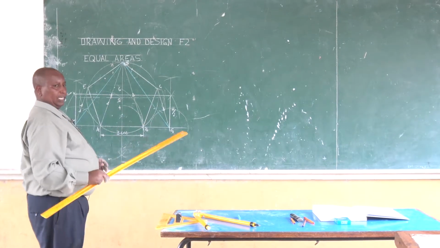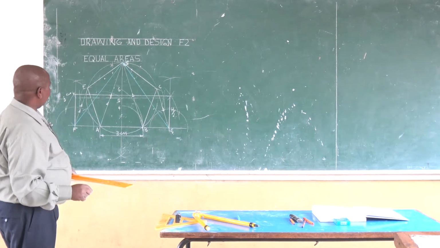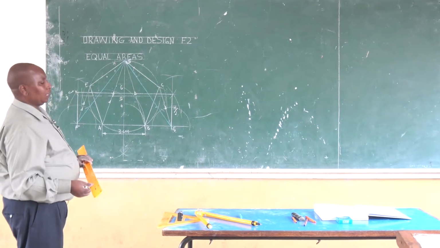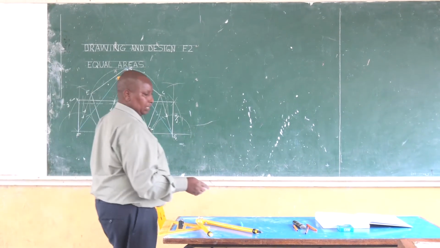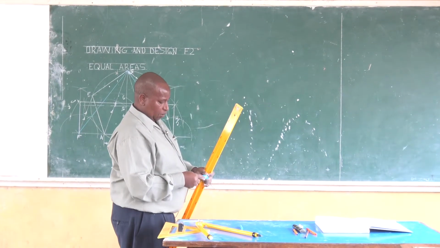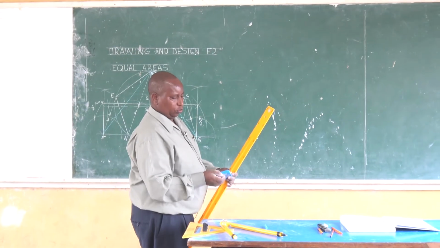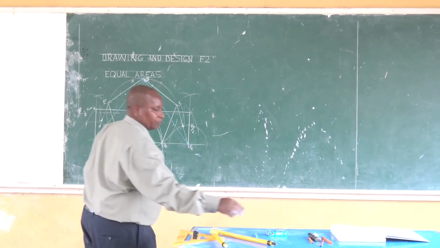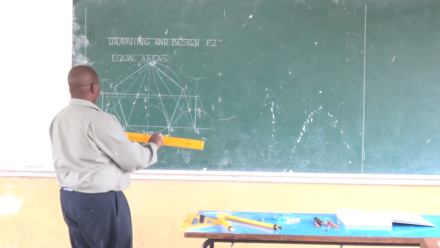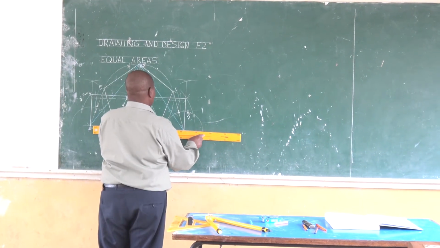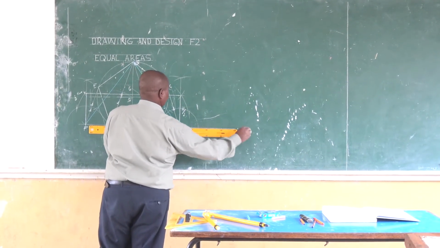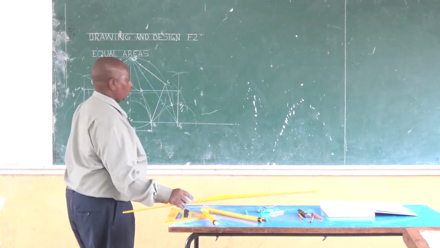Now, we still had to draw a square equal in area with that rectangle, which is equal in area with the triangle, which is equal in area to the pentagon. The steps are as follows. Produce then further the line FG that way.